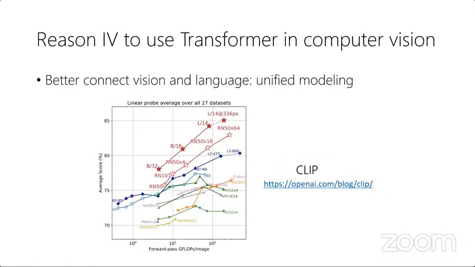Let's go to the last 2 reasons to use transformer in computer vision. The fourth reason is that using transformer, where the vision part has a similar architecture as that of the language part, will benefit visual language learning, as illustrated in OpenAI's work CLIP, where ViT performs better than ResNet at similar computation.